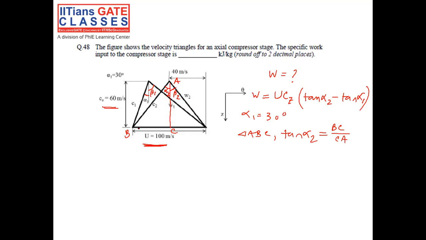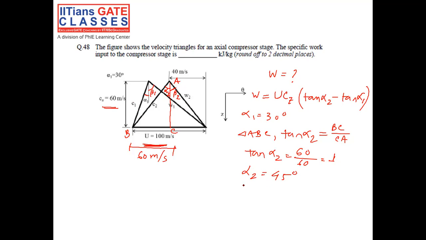This is 40 meter per second, and the total peripheral velocity is 100 meter per second, so this will be 60 meter per second. As Cz, the axial velocity, is constant throughout the axial compressor, AC will also be 60 meter per second. So tan alpha 2 equals 60 by 60, which is 1, meaning alpha 2 is 45 degrees.